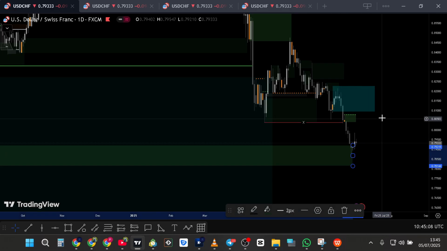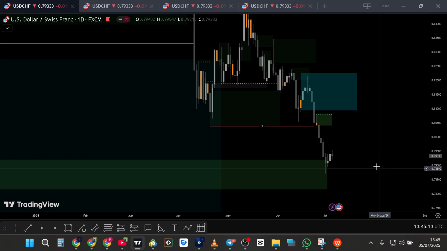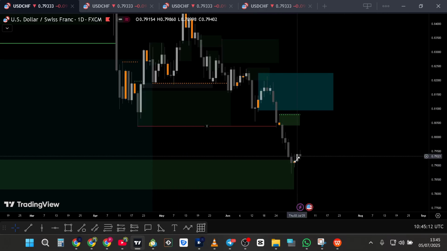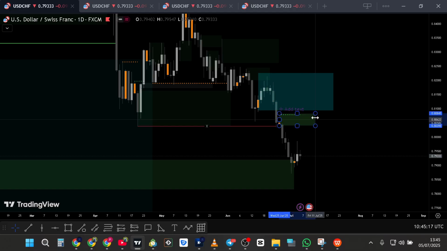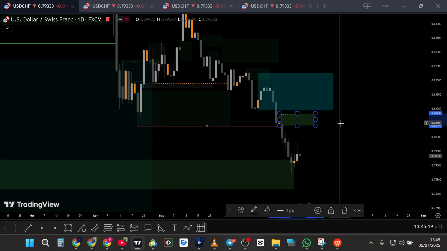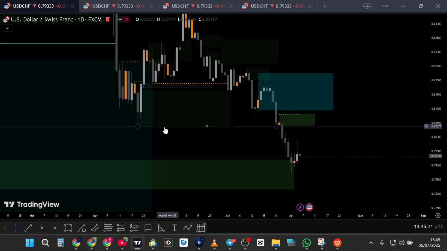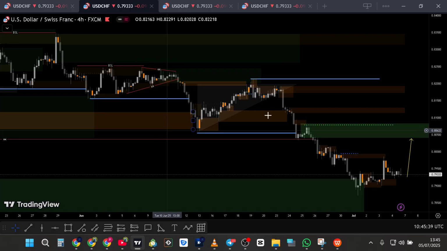With this daily POI, I feel we are now reacting on this demand before maybe continuing to the upside, and I'll be looking for price to at least get to here, which is our daily supply, before the break of that low and the taking of the liquidity officially with a candle close below. So that's where we're expecting price to go. From here, maybe we could see a few slight pullbacks before continuing to the downside with this supply. So that's my anticipation.